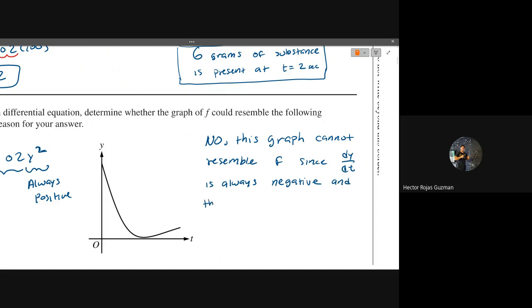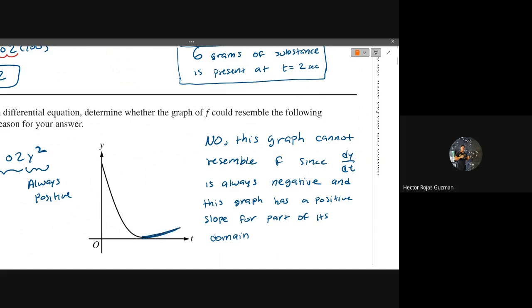And this graph has a positive slope for part of its domain. That's this part right here.